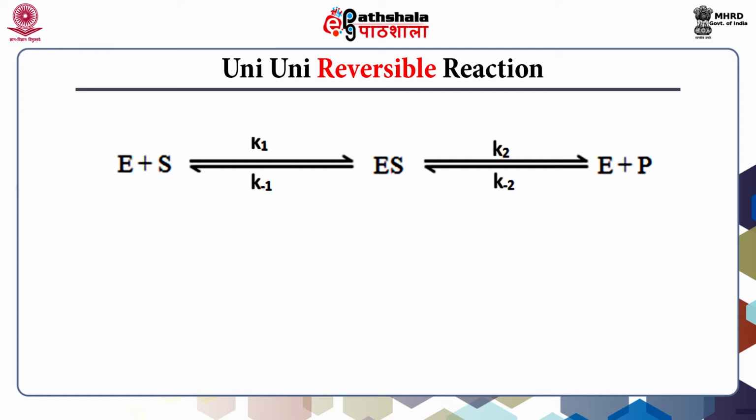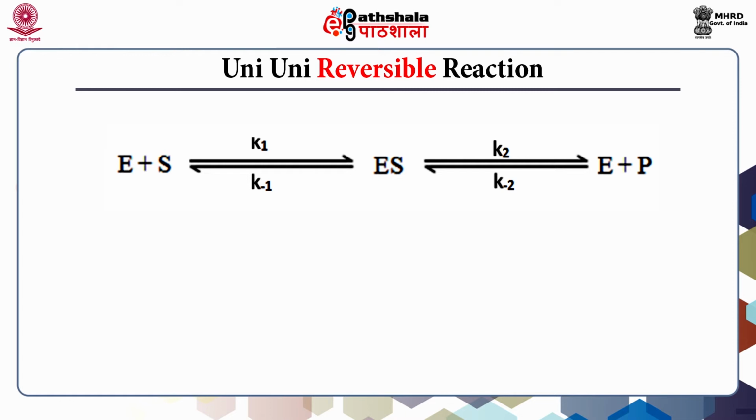The K1 shown here is the rate constant in the first reaction for the formation of enzyme substrate complex, that is ES complex, from enzyme E and substrate S. The K2 is the rate constant for the second reaction for the formation of the product from the enzyme substrate complex.